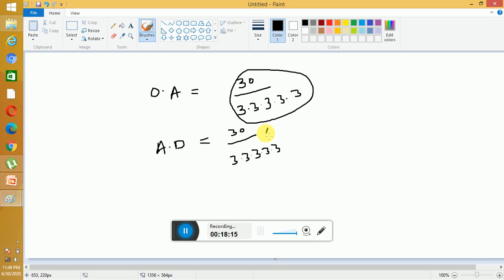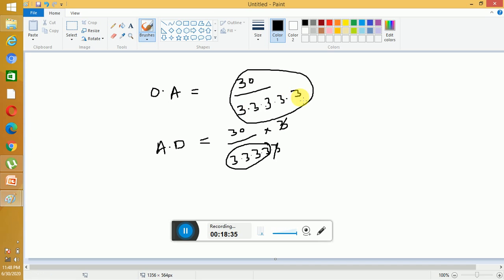But here we will multiply it with the 1 plus I factor, meaning 3. So now this 3 will be cancelled out with this 3. So now discounting is how many times? It will be 4 times.